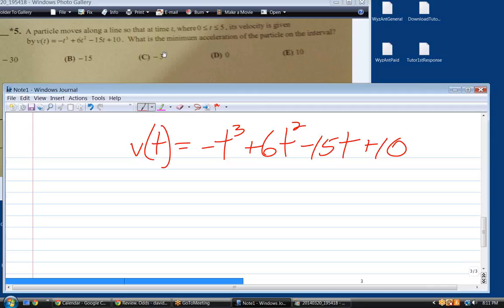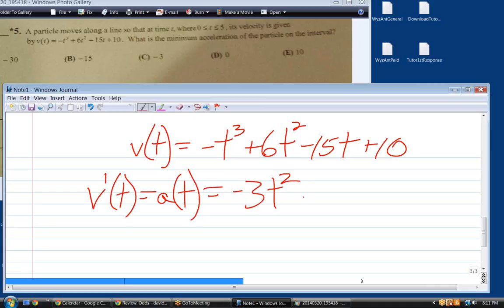So we take a derivative? Yeah. So v prime of t equals a of t equals minus 3t squared plus 12t minus 15. What is the minimum acceleration of the particle on that interval?